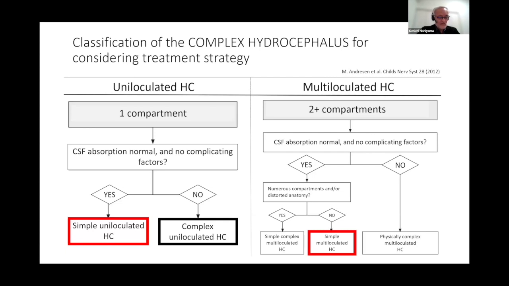But complex unilocated hydrocephalus goes beyond pure anatomical obstruction and will not be manageable purely by intracranial CSF diversion. Also, physiologically complex multilocated hydrocephalus always requires a shunt. So when you encounter shunt trouble in these conditions, the realistic goal is a single-stranded shunt.